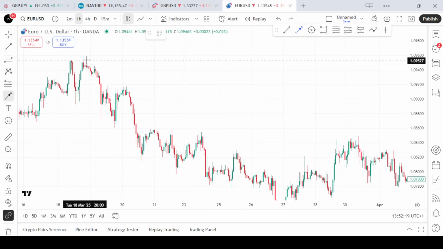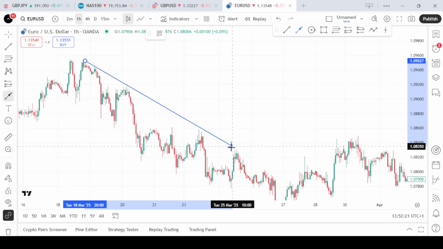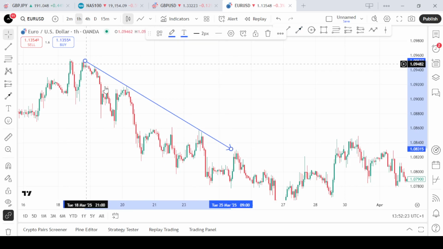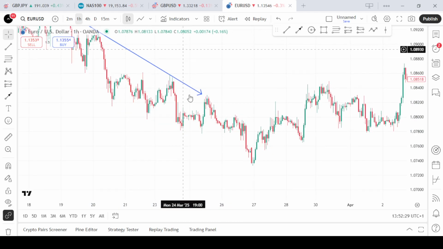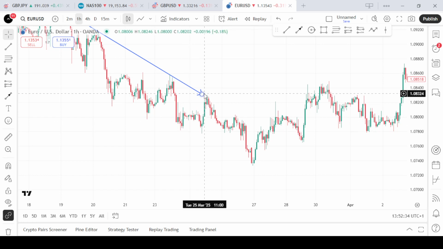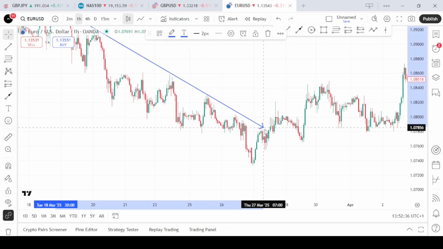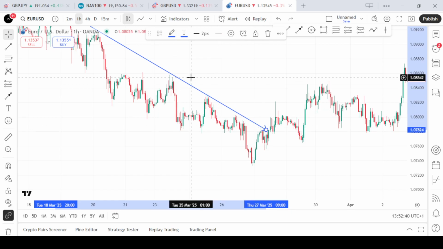You can see we are trending to the downside, making a series of lower highs, lower lows, lower highs, lower lows, lower highs. This is how we are trending to the downside, then lower low. So to continue in this direction of the trend is where we are going to implement our golden pocket strategy.